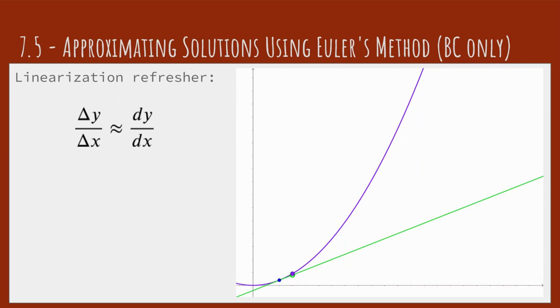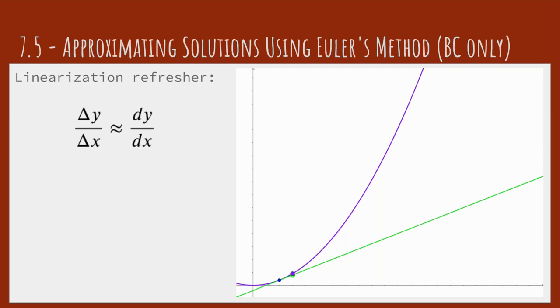The way linearization worked is basically saying that the slope of a secant line is going to be approximately the same as the slope of a tangent line, as long as we stay pretty close to that point of tangency. This delta y over delta x is a change in y over a change in x on the function, and that slope through the secant line is going to be pretty close to the slope of the tangent line.